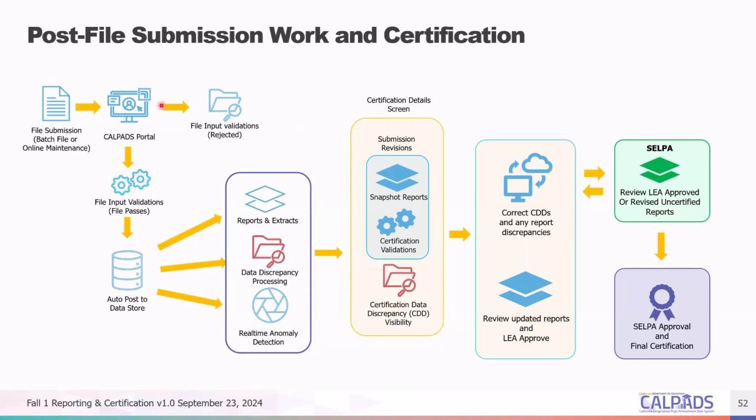And now, obviously, the file will then be accepted into the system, because CalPads will not accept any files that are rejected. In prior years, I think 3 years ago, we could accept partial postings, but I think since we've introduced the post redesign, any rejected record will outright reject the entire file.